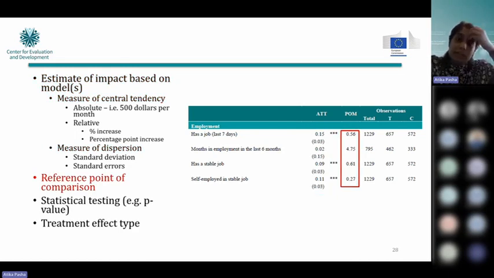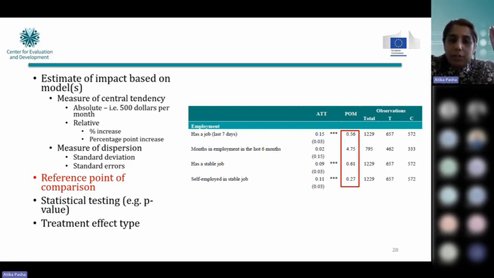Now, in our initial example, it was your comparison group. When you take your treatment group and you take your comparison group, your estimate is always against the comparison group. So in this case, the POM, or the potential outcome mean, ignore the title, is just showing you what the mean is in your comparison group.